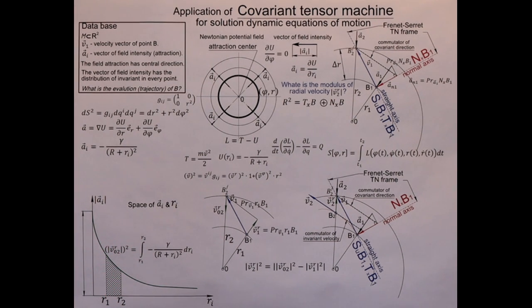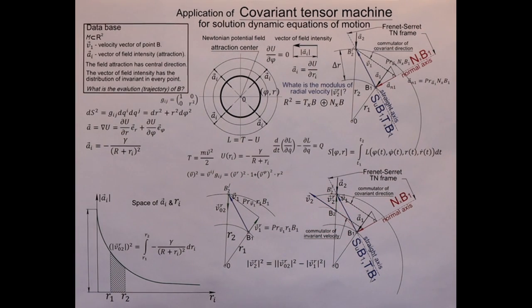The difference between the squares of velocity vectors gives the square of the invariant of the radial velocity vector VR2 at point B2. Draw the radial velocity vector along the radial axis R2.